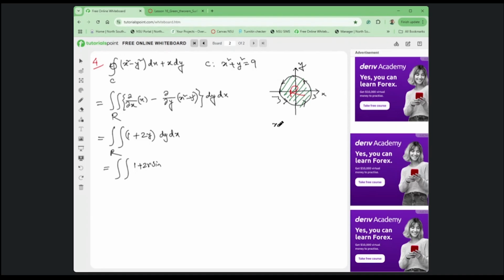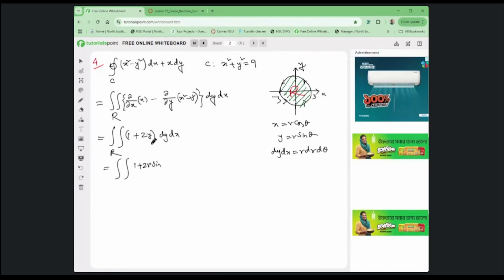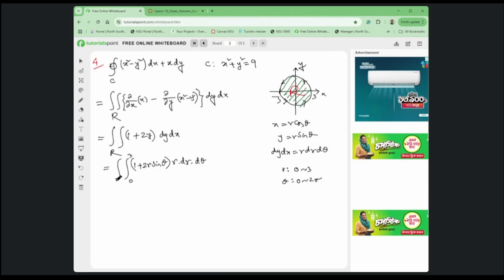You know, in polar coordinates, x equals r cos theta, y equals r sin theta, and dy dx equals r dr d theta. So how is r changing? 0 to 3. Theta is changing 0 to 2 pi.